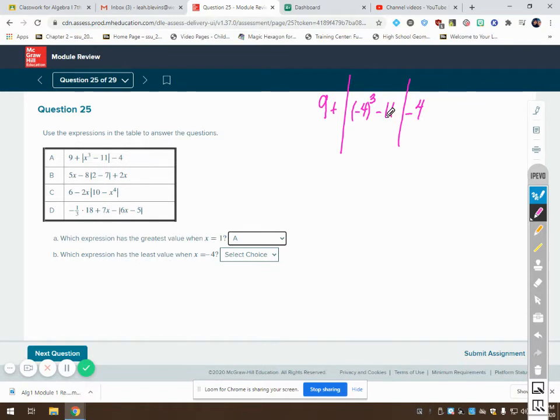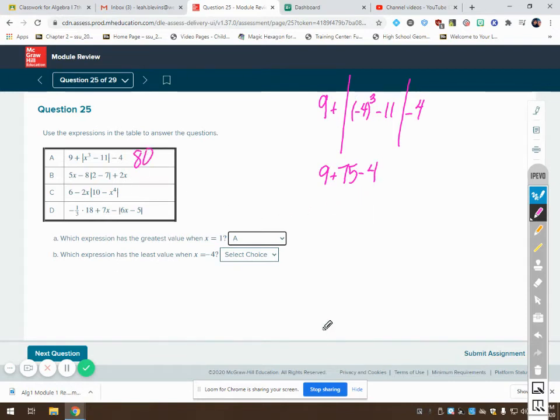Negative 64 minus 11 is the absolute value of that. I believe that's 75. So 9 plus 75 minus 4. So that gives me 84 minus 4, which is 80. Okay, so we've got 80.